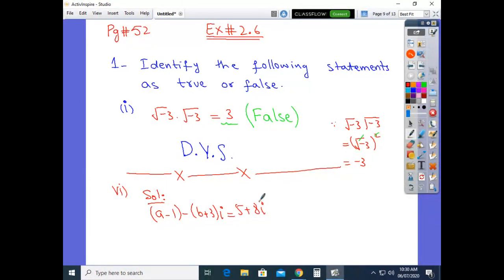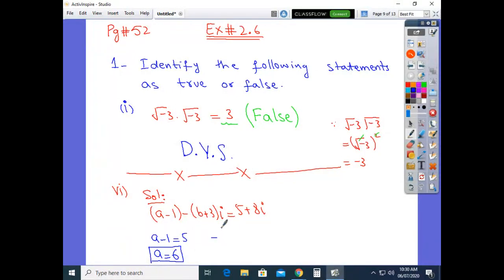After simplification, if we take the real part with the real part, we have a minus 1 is equal to 5. After more simplification, a is equal to 6, because negative 1, when moved to the right hand side, becomes positive 1, positive 5, and positive 1 becomes positive 6.